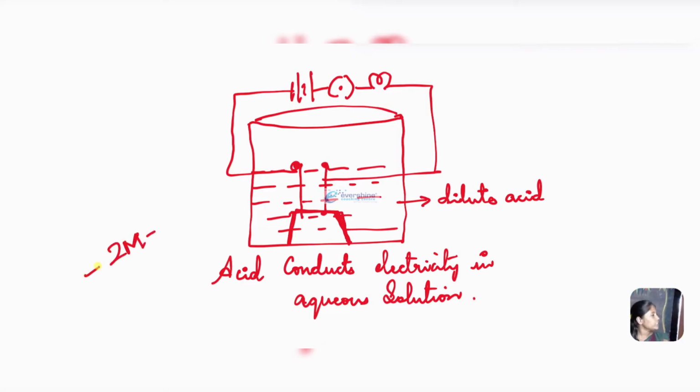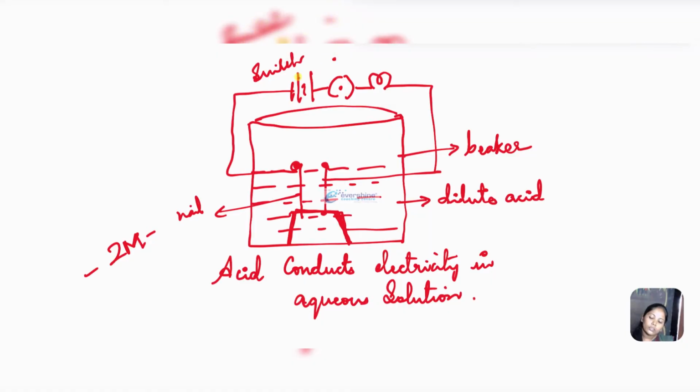Then you need to label it. So this is the beaker, rubber cork, iron nail, battery, switch, and this is the bulb.